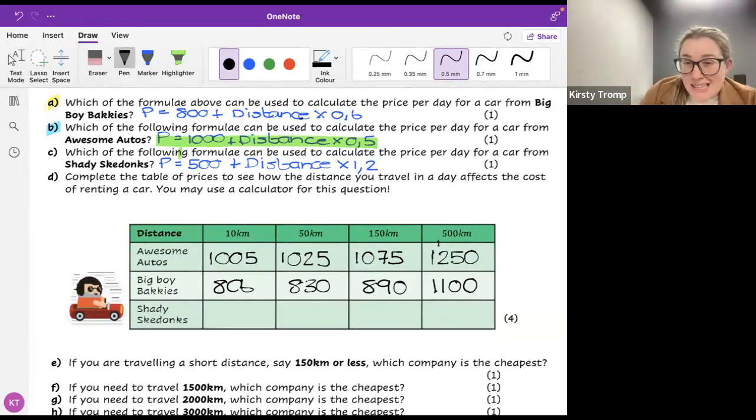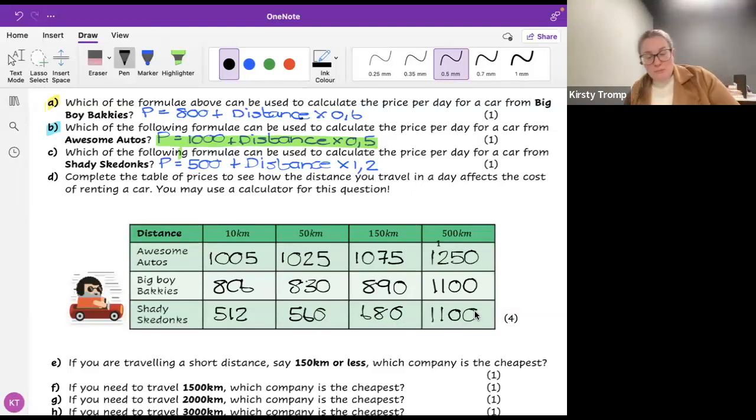If I make any mistakes, please put it in the chat for me and let me know. For Shady Skadonks, I should have had 512, 560, 680, and again 1100. If you disagree with my answers, please put it in the chat for me.